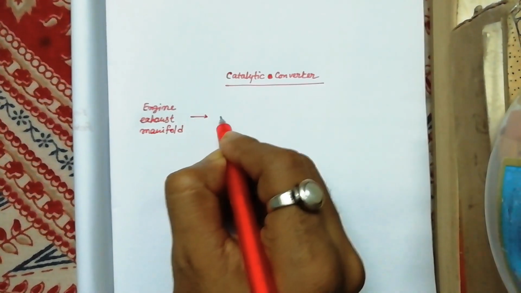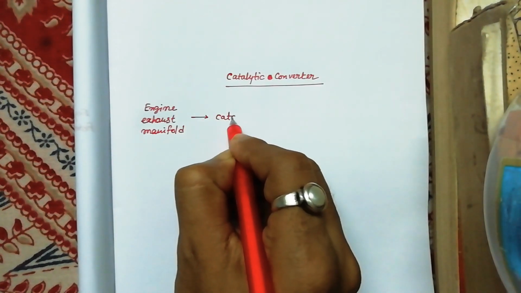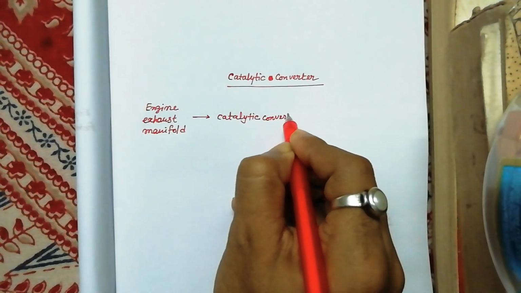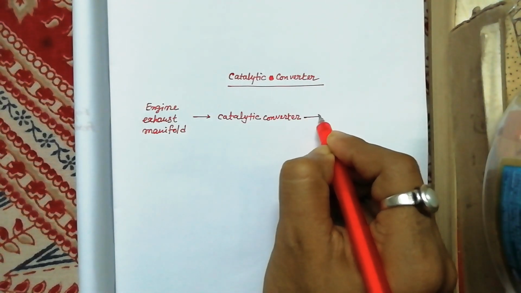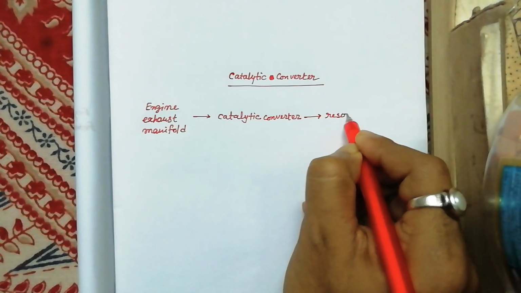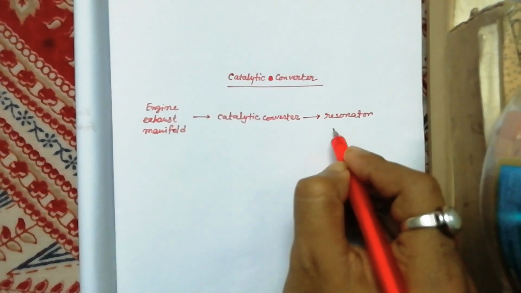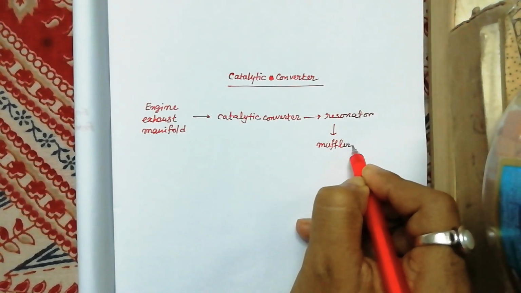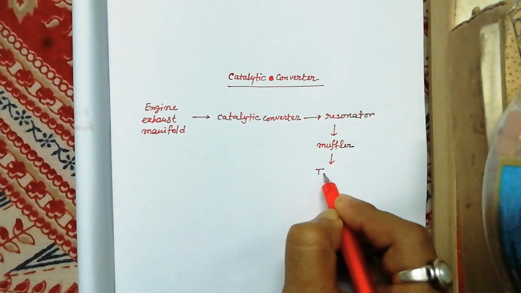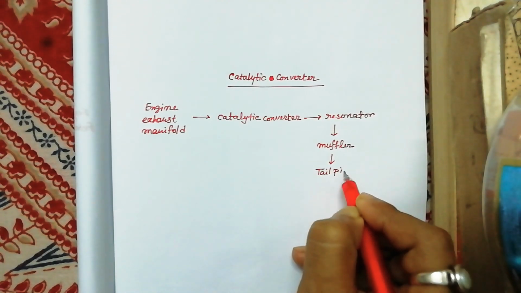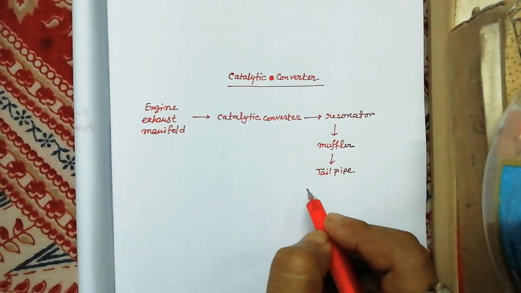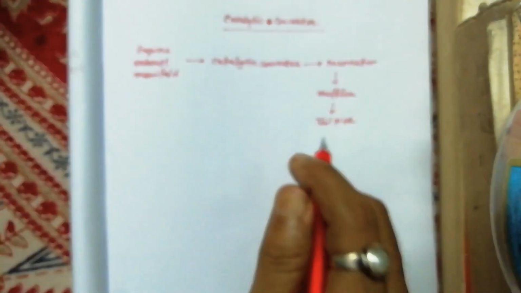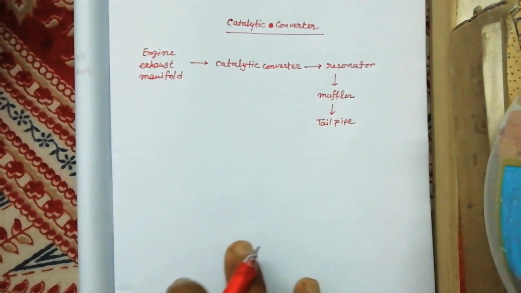Next it goes to the catalytic converter, then to the resonator, then a muffler, and then finally it goes to the tailpipe. You can say this catalytic converter is situated in between the exhaust manifold and the silencer.